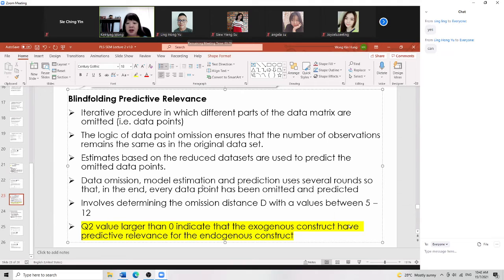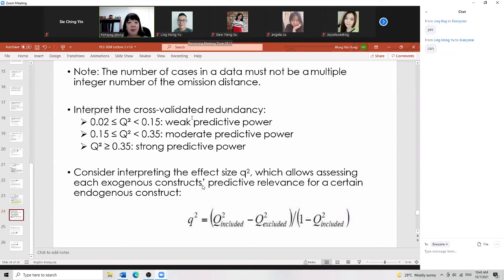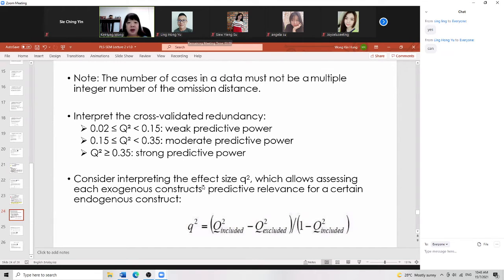This is a relationship that can predict. Q2. All right, so the number of cases in the data must not be a multiple integer of the omission distance. So interpret the cross validation redundancy.